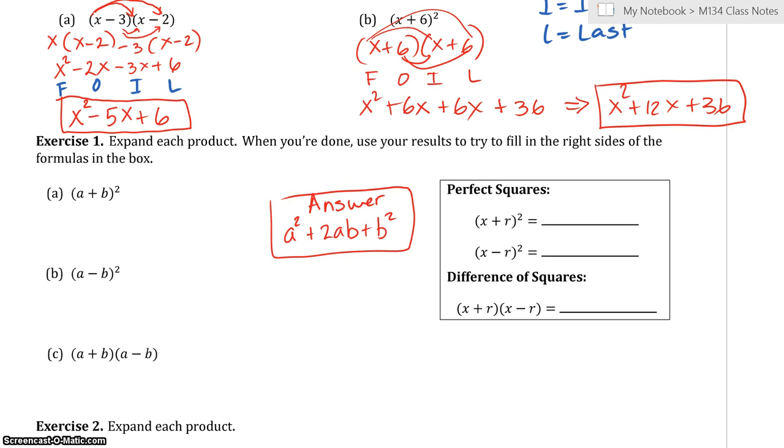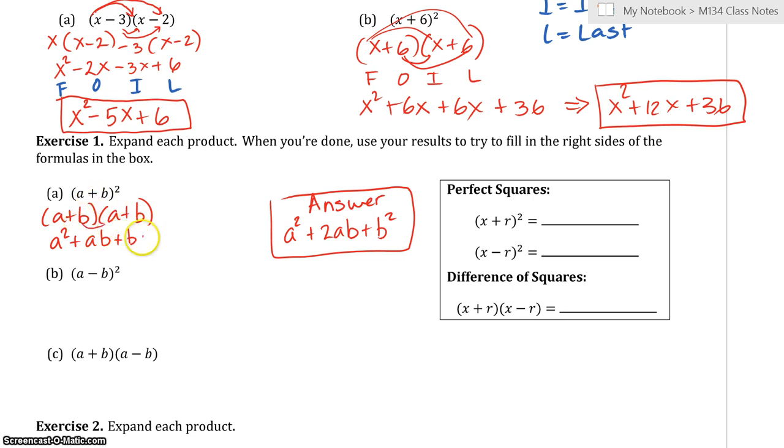How did I get that? Well, first, I'm going to rewrite it twice, just like we did in part B. But now it's all with a's and b's. But we can still do it. So we're going to do the first, the FOIL, a squared, the outer, ab, plus the inner.